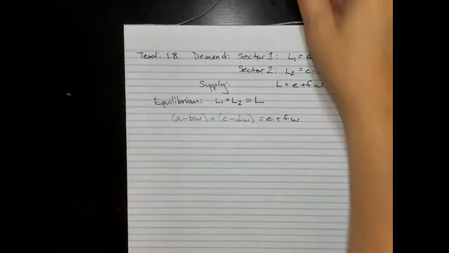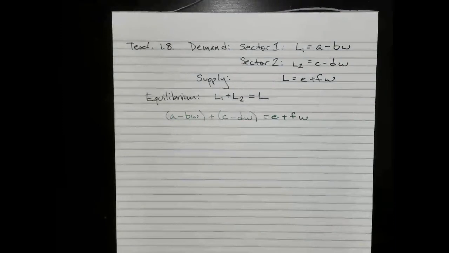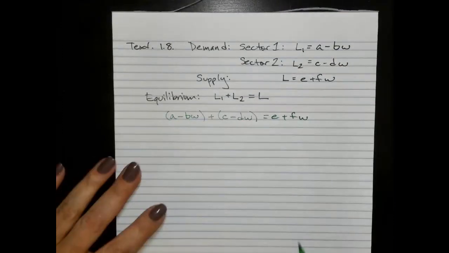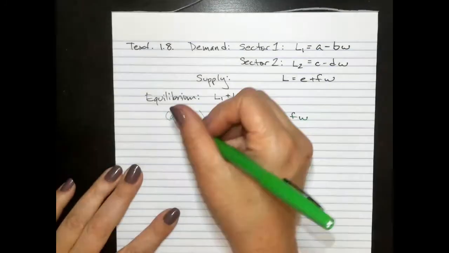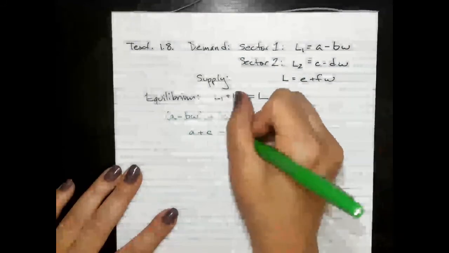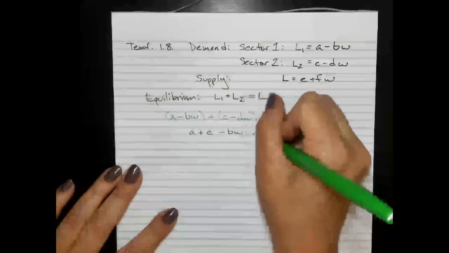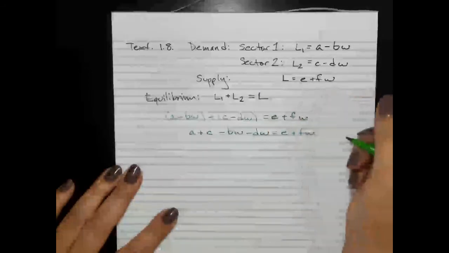And then, I'm going to zoom in a little bit. It's a little bit hard to see there. And then we just solve for wages. So I'm going to start by organizing terms, just to get the constants that aren't attached to wage next to each other. So that's going to be A plus C minus BW minus DW equals E plus FW.